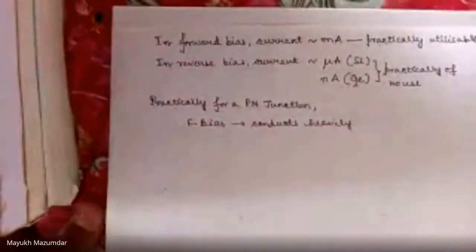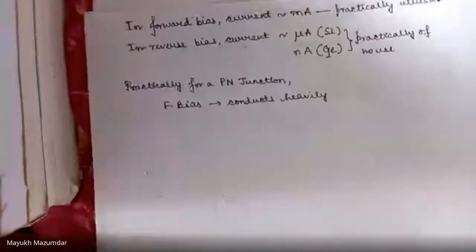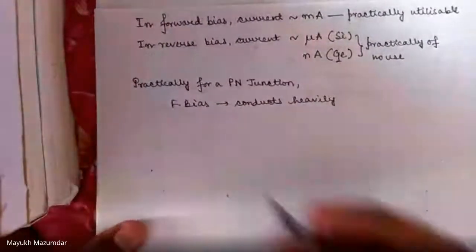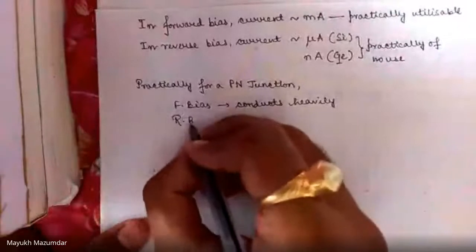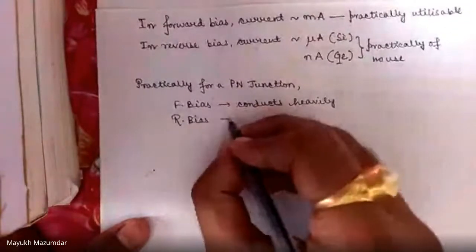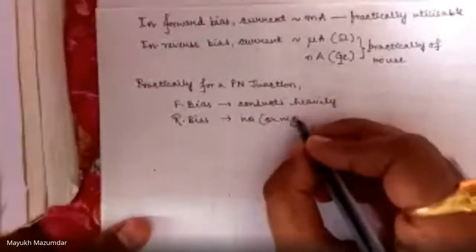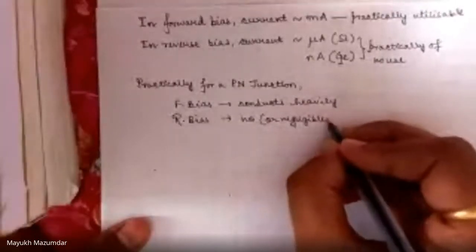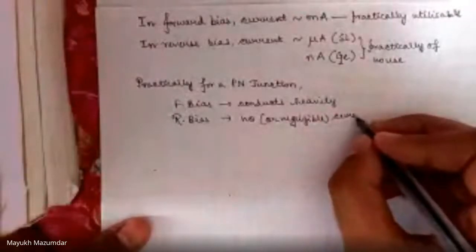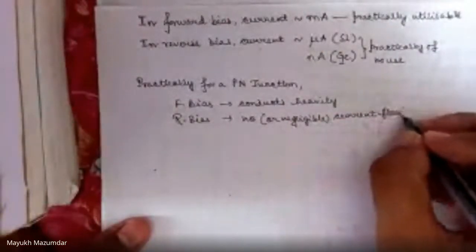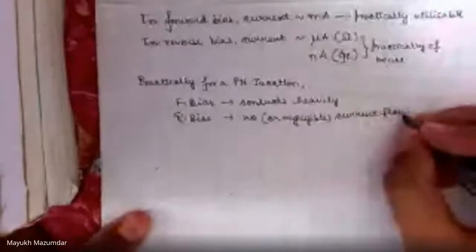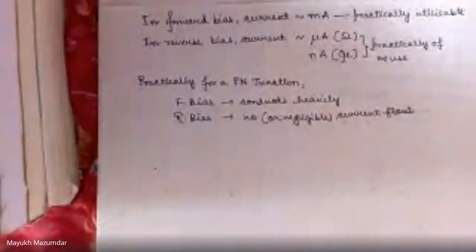Because the majority carriers, which are majority in number, are flowing, so you can expect a huge amount of current to flow. And practically in reverse bias, we can say that there is no or negligible current flow. So we can say that in reverse bias, no current is flowing. Is it clear?